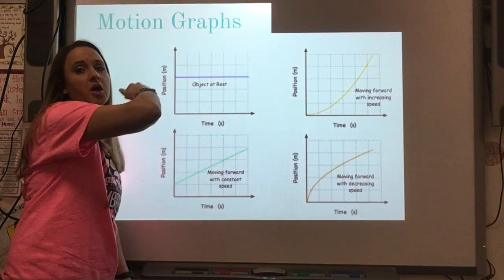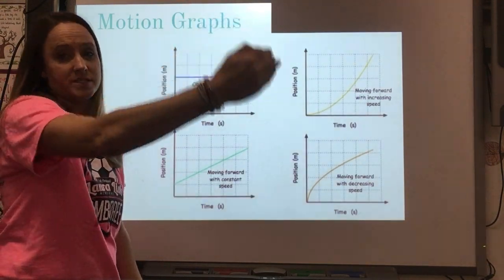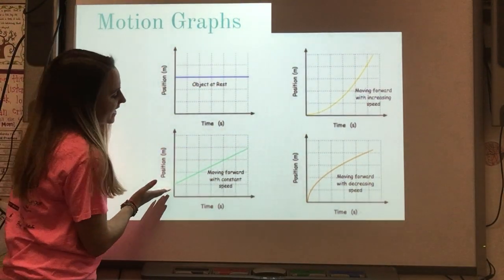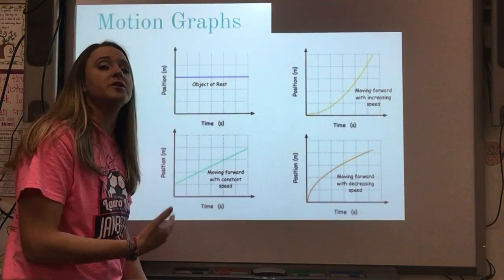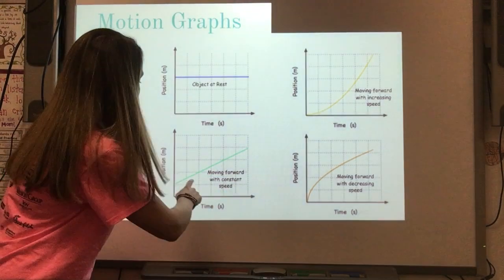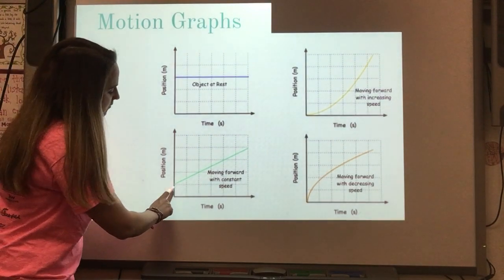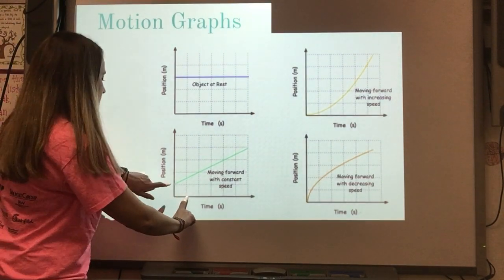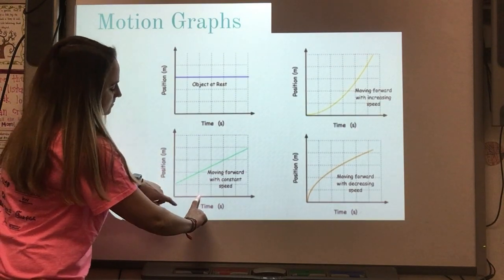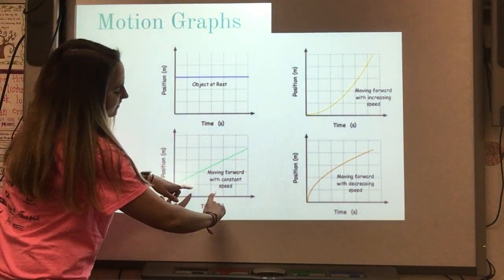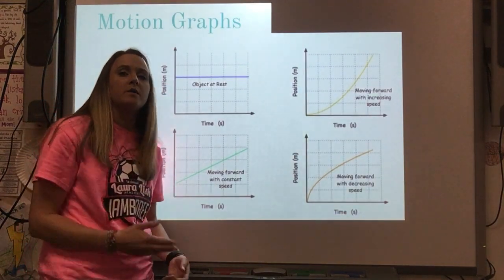It has not gone any more distance. A straight diagonal line means that it is moving forward at a constant speed. This object might be moving after 5 minutes, it's gone 3 meters. After 10 minutes, it's gone 4 meters. And it's moving at 1 meter per second.